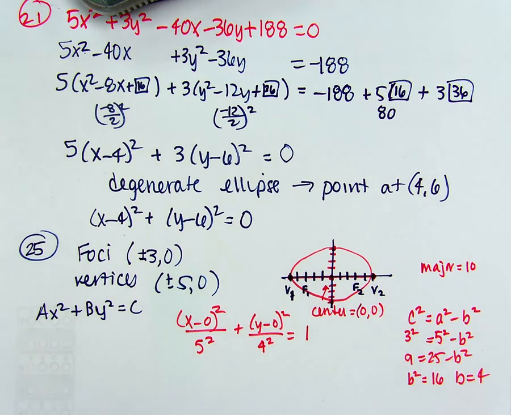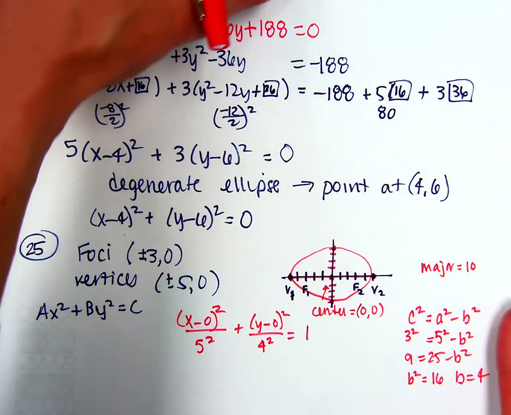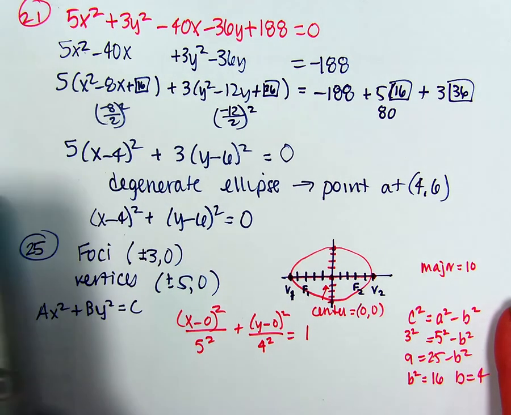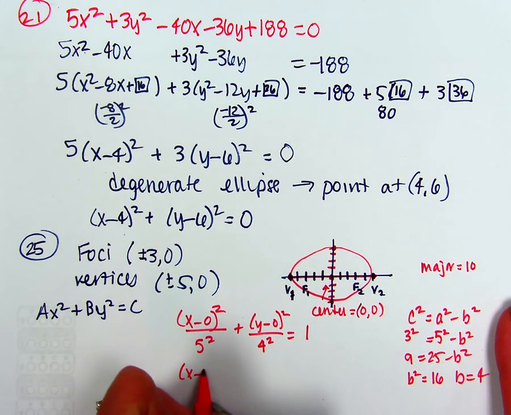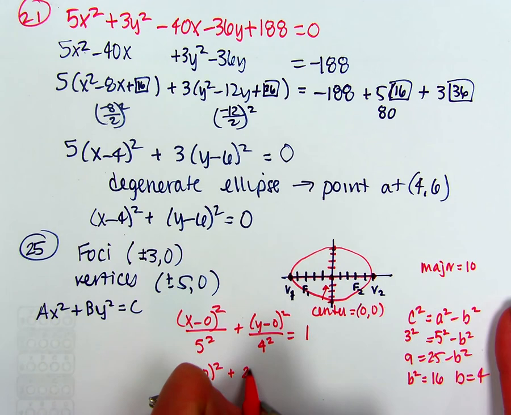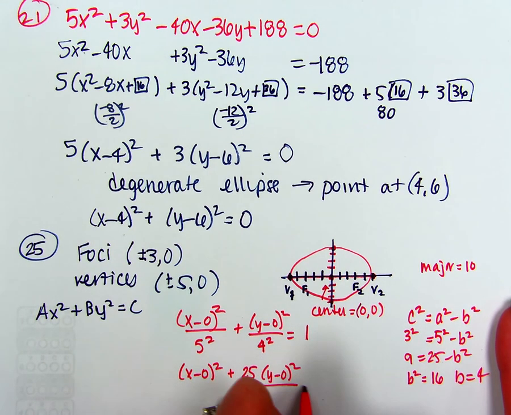This should equal 1. Okay, so then the last thing is this is technically your standard form, but we need to get rid of my fraction. So if I multiply everything by 25, I'll have x minus 0 squared plus 25 times y minus 0 squared over 16 equals 25.